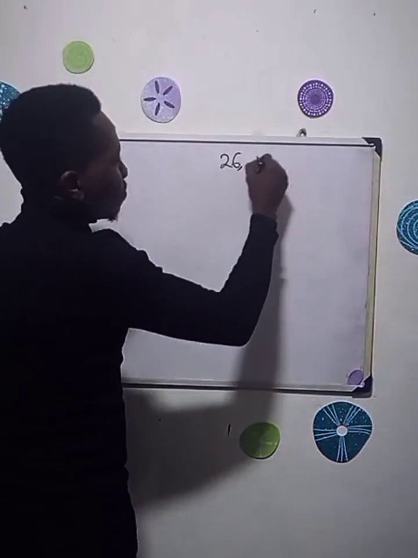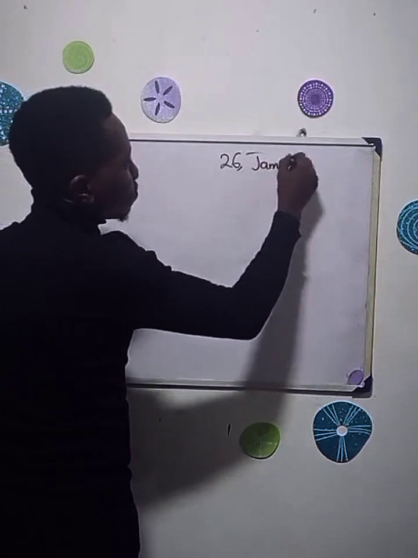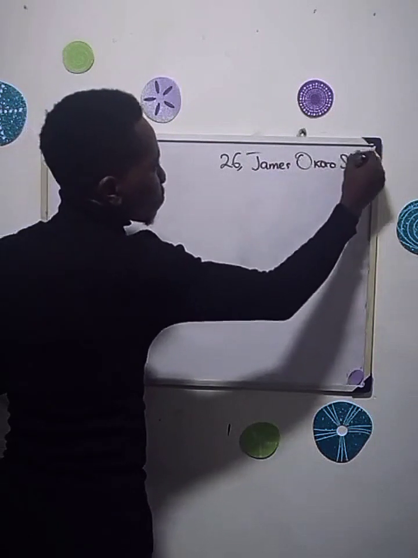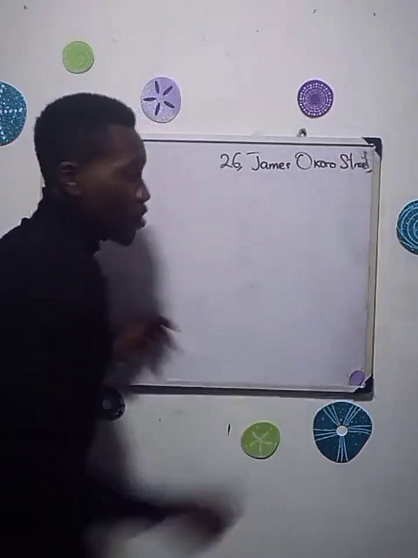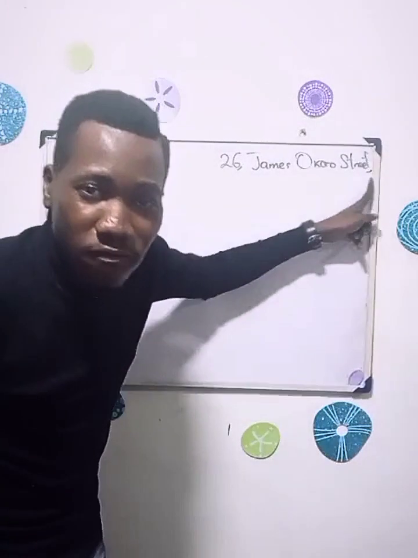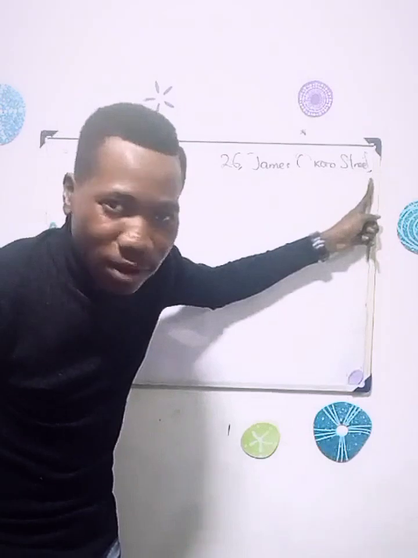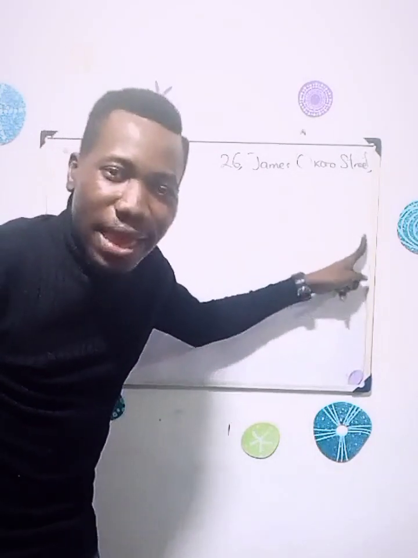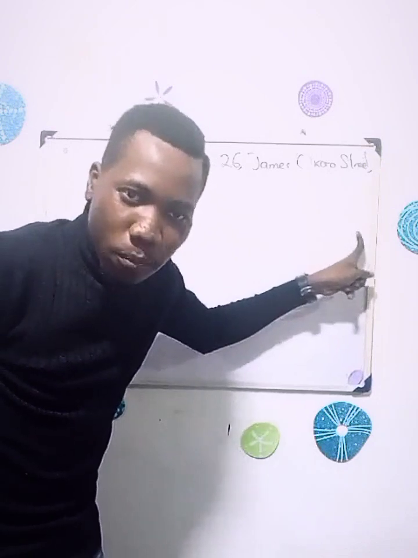So, 26 James Okoro Street. Please always have your comma at the end of every line. Don't miss that. When you get to the end of your address, you put your full stop.